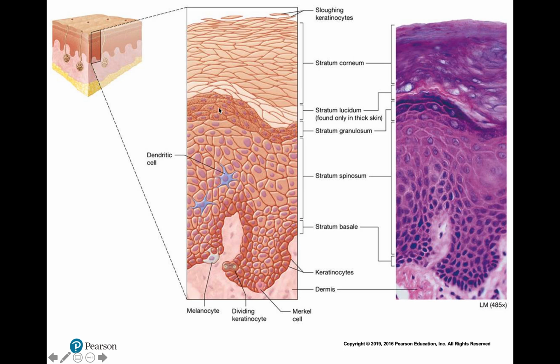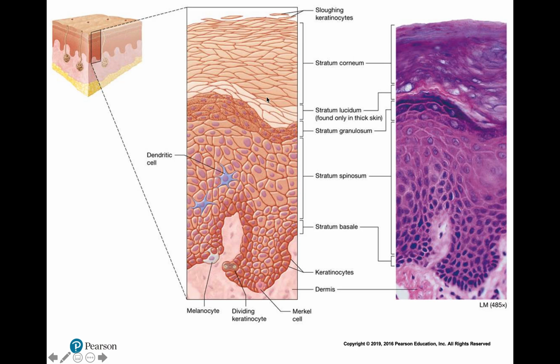So what happens is these cells are far away from the nutrient supply. They're also coated with that lipid hydrophobic substance. They can't get nutrients at all, really. Very limited nutrients, and so they undergo apoptosis, and that's what this next layer is.